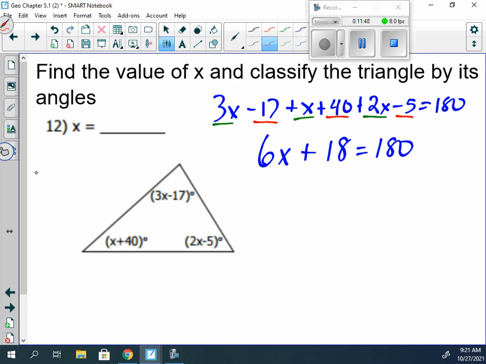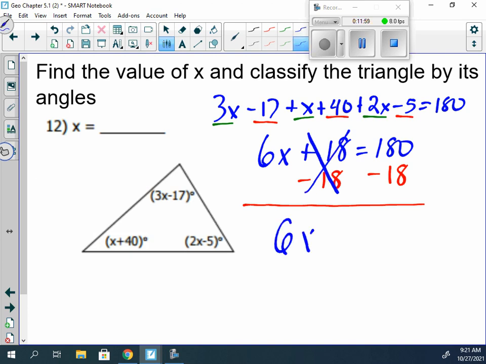What would we do next? Subtract 18 from both sides. Those would cancel out, leaving us with 6x is equal to 162.